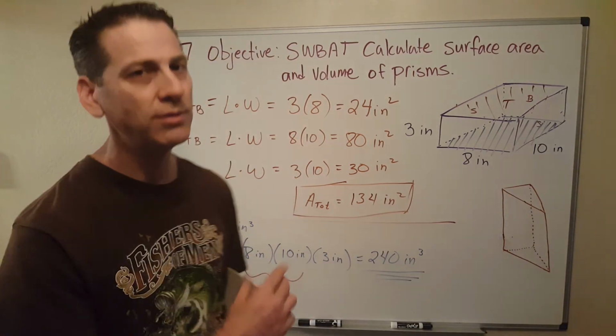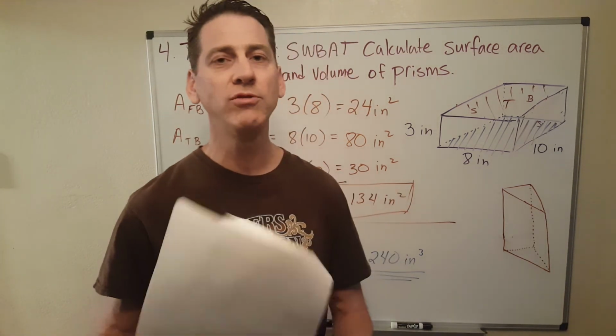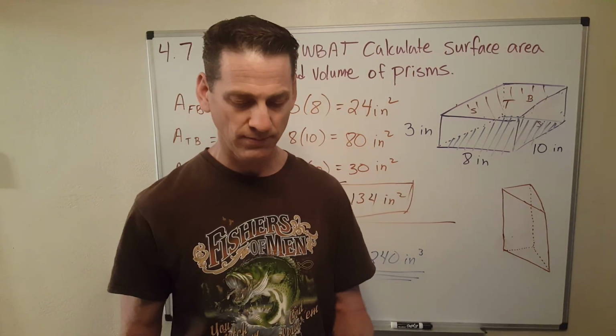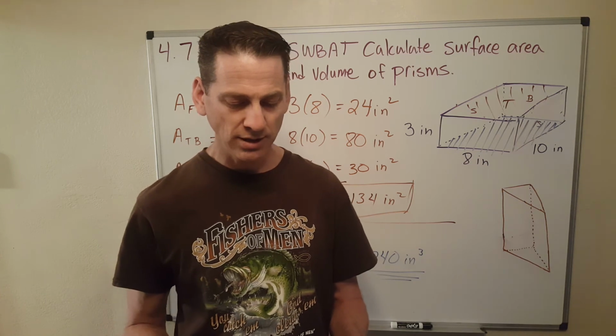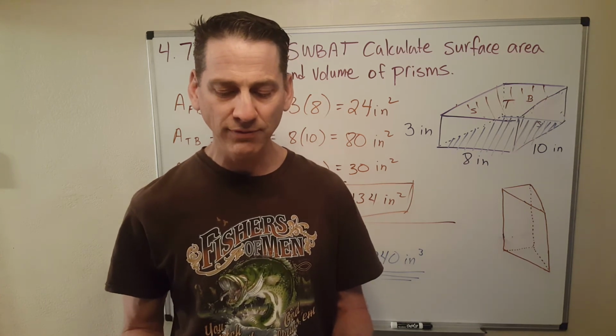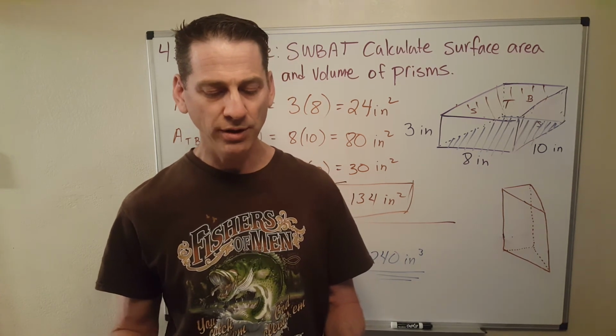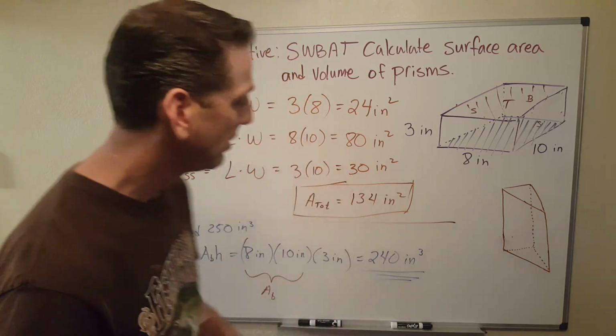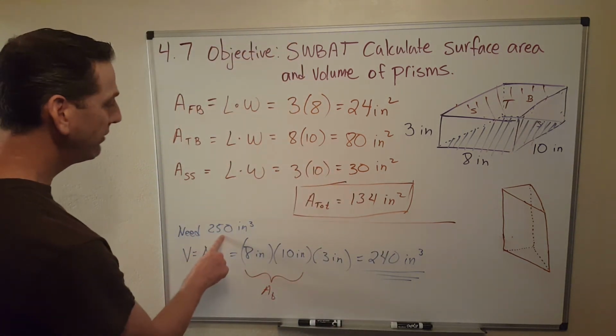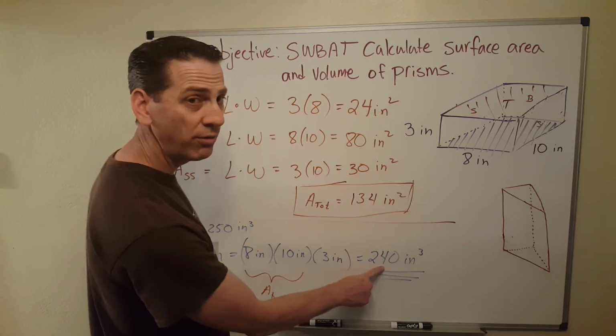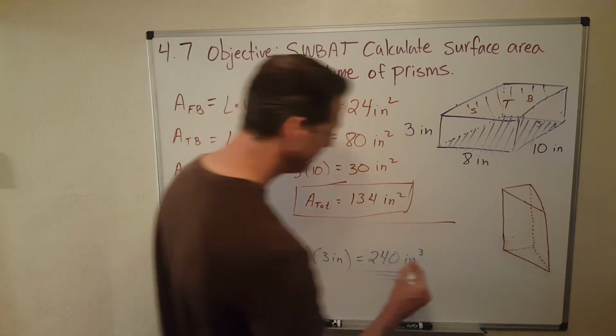Okay, now remember, before you answer, always go back to the question. What's the question? The customer needs 250 cubic inches of food. Will this box be big enough? He needs 250. This box is only 240 cubic inches.